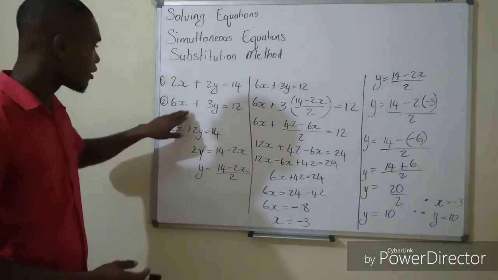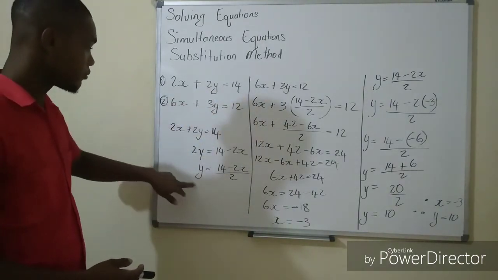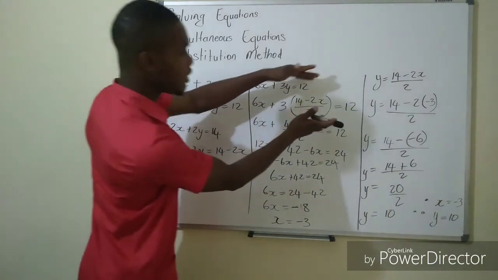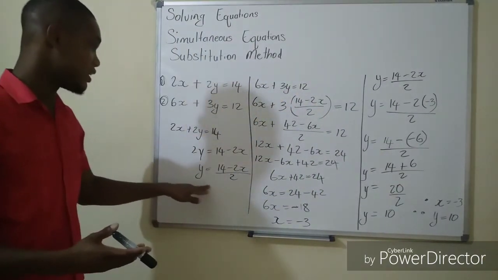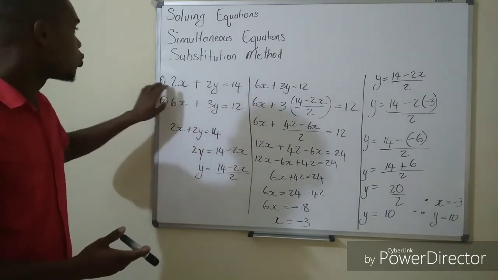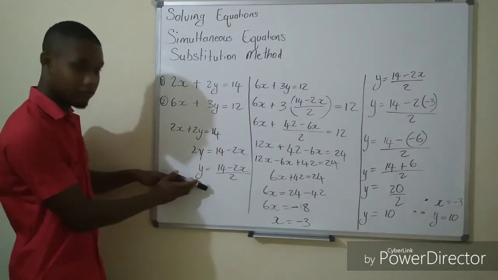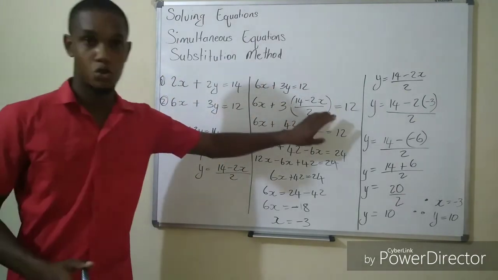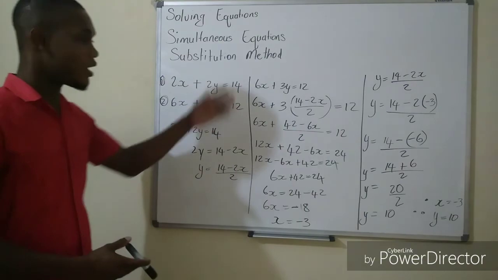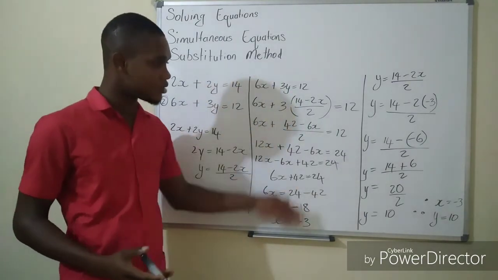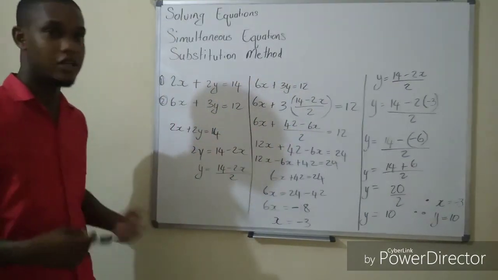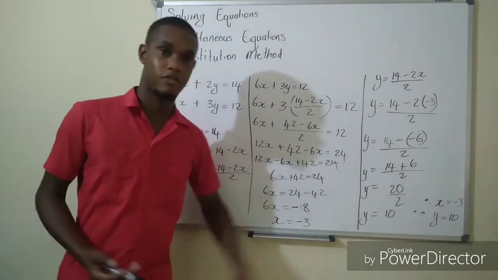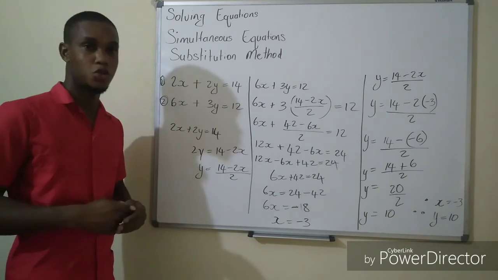First you try to get one variable by itself to equal something, and then you substitute it in the other equation where you see that variable. If you use equation 1 to make the variable by itself, you will have to use equation 2 to substitute it in, and vice versa. Then you just continue to calculate it out, just like when you're solving equations, and you will finally find an answer for both variables.